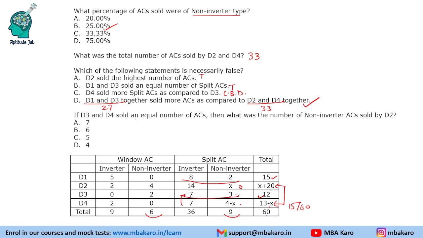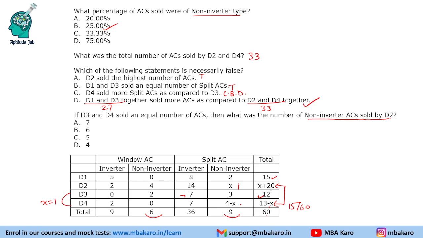If D3 and D4 sold an equal number of ACs, okay, so we will compare to this condition that D3 and D4 are selling an equal number of ACs. So that means x is equal to 1. We need to find the number of non-inverter ACs sold by D2.